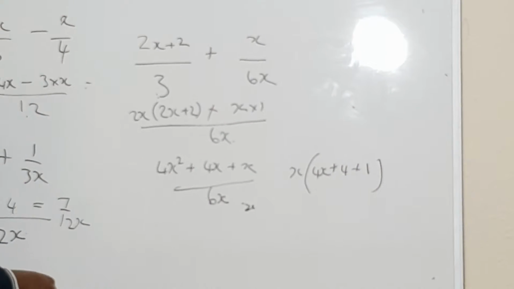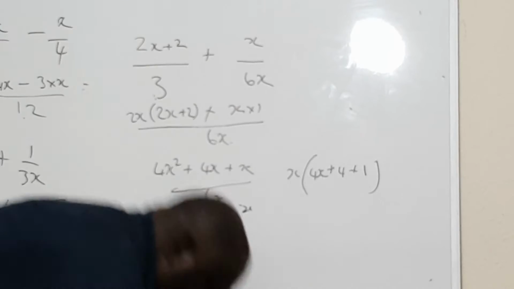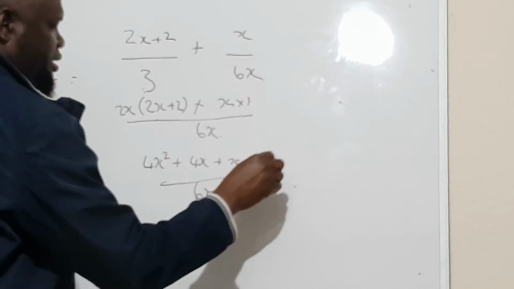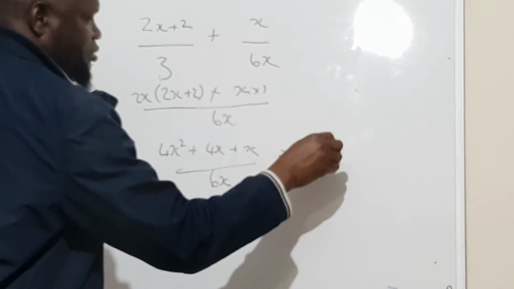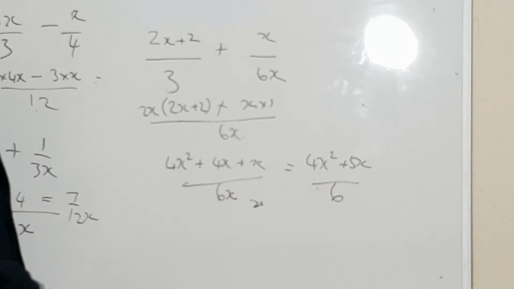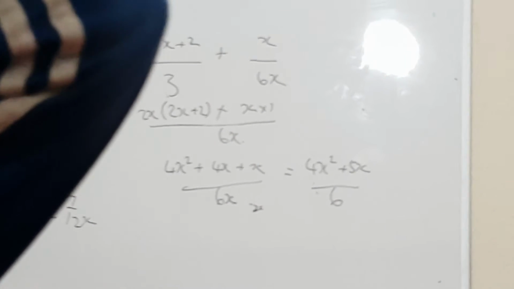You should have added that one in. That will be 5x, sorry. 4x plus 5x. The 4x squared plus 5x divided by 6. That is your answer. Okay?